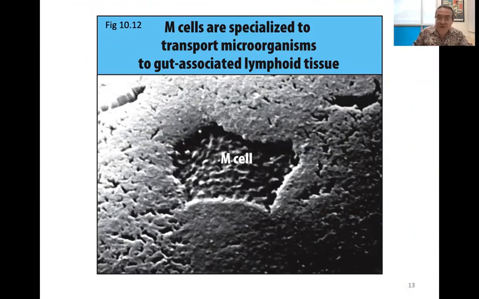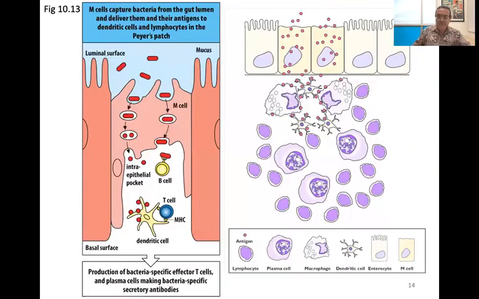Right? So you can really appreciate, right, that this is like an opening where stuff can go through and get into the Peyer's patch. Here's another view. So bacteria comes in through the M cells of those Peyer's patches, where they're very quickly met by things like B cells, T cells, dendritic cells. And so you can see this image on the right maybe is a little more realistic looking here, right?